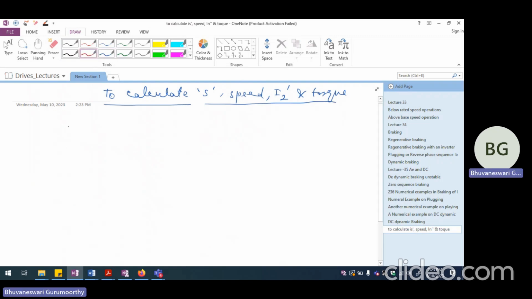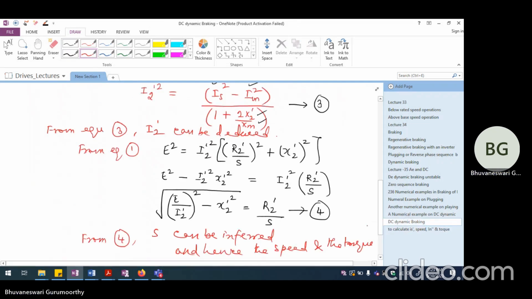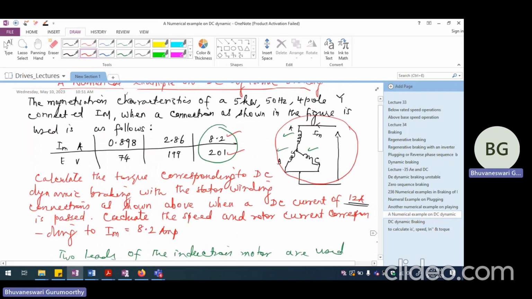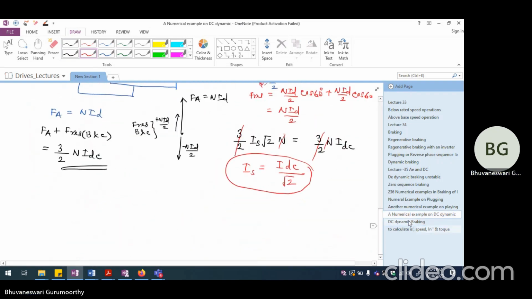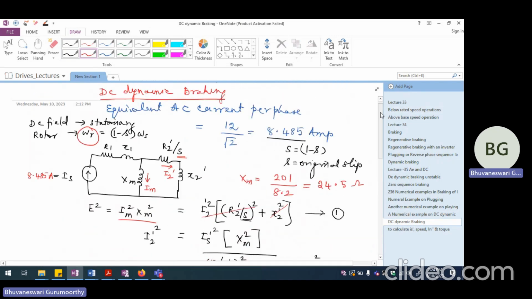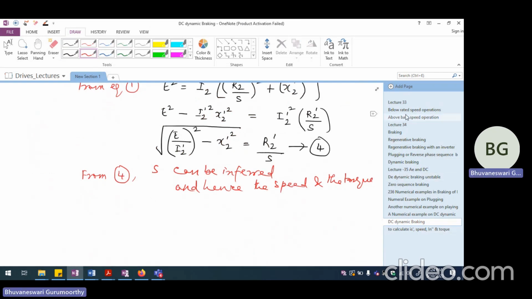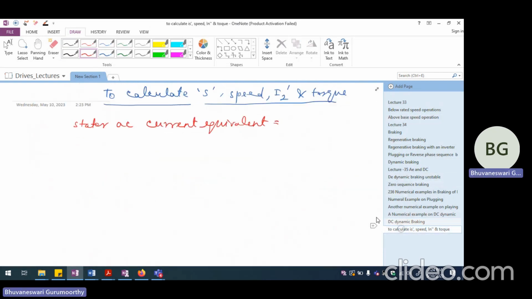We said that the stator current, AC equivalent current, that we calculated as 8.485 amperes. IM is 8.2 and XM is 24.5. That's what we calculated. Okay, so let me write those figures clearly.